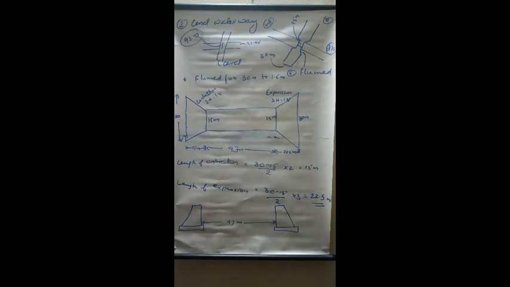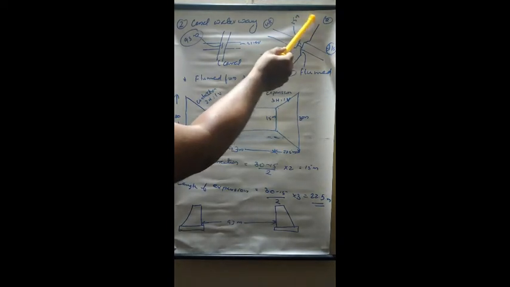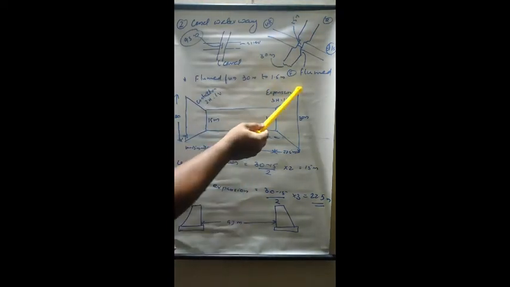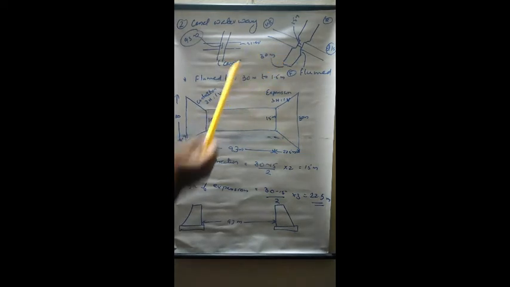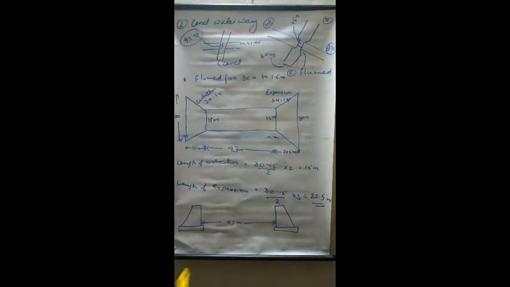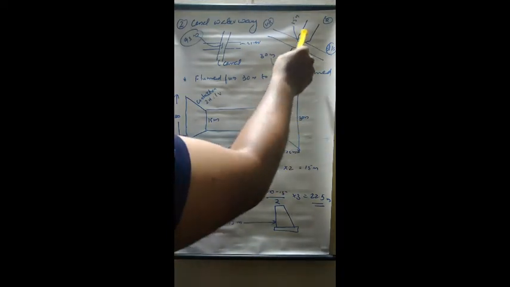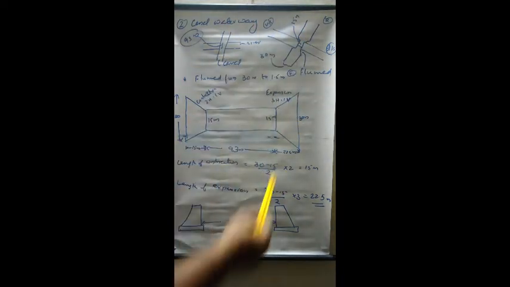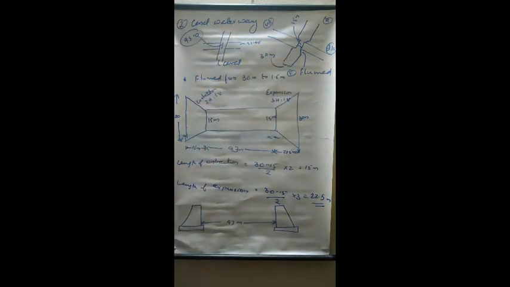And in the question it is given that the canal is having a width of 30 meter. The canal width is 30 meter. But if you are providing 30 meter width and 93 meter length, the structure will be more heavy and it may not be economical also.